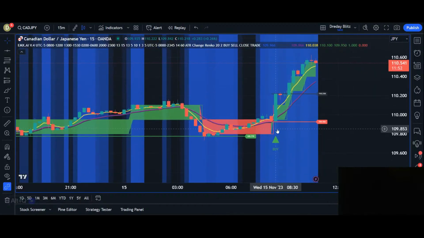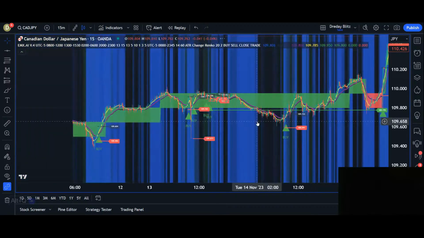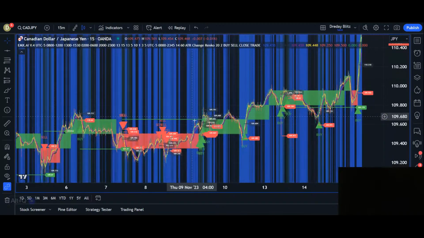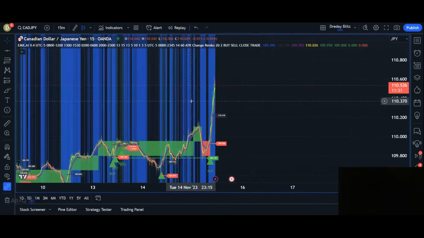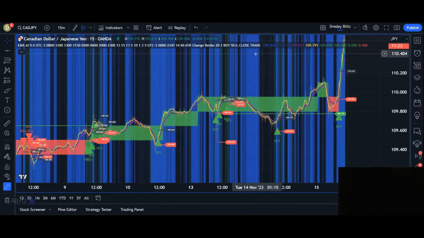So now CAD JPY was going up, and as you can see, 8:30 went up this morning. Since last week, CAD JPY is bullish. And I didn't change the settings here for CAD JPY.